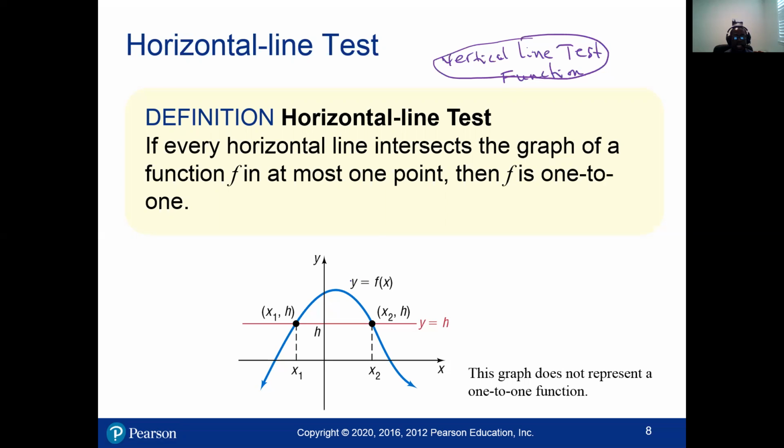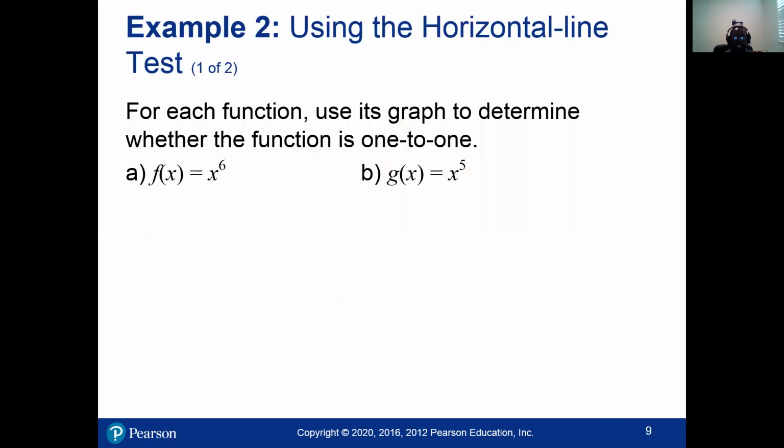As you can see, if I draw a vertical line through this graph, definitely it is a function, but it is not one-to-one. So the horizontal line test says that if every horizontal line intersects the graph of a function f in at most one point, then f is a one-to-one function. Now, for the following graphs, we want to determine whether they are one-to-one.